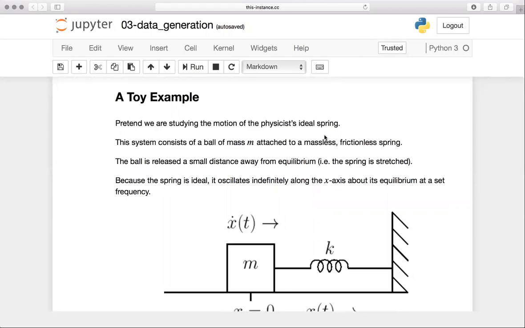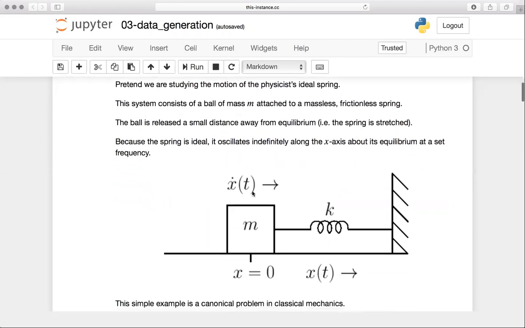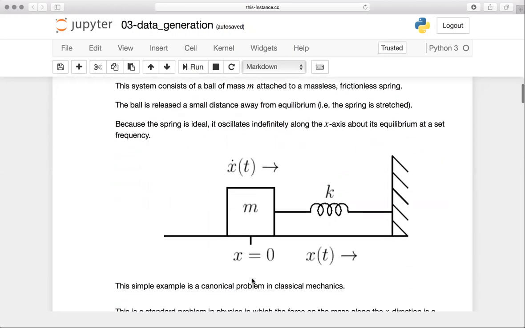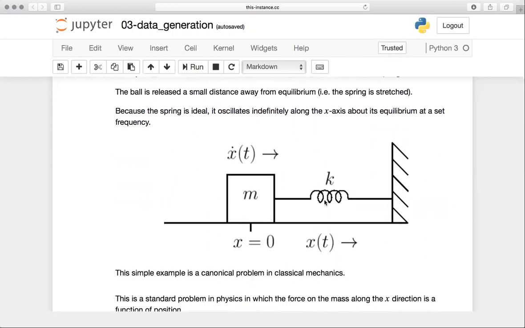What we're going to work with is this notion of an ideal spring. Here we've got some spring that we're looking at, a mass on the end of a spring, starting at maybe some position x0, and its position as a function of time would be x of t. And then its velocity as a function of time would be x dot of t.